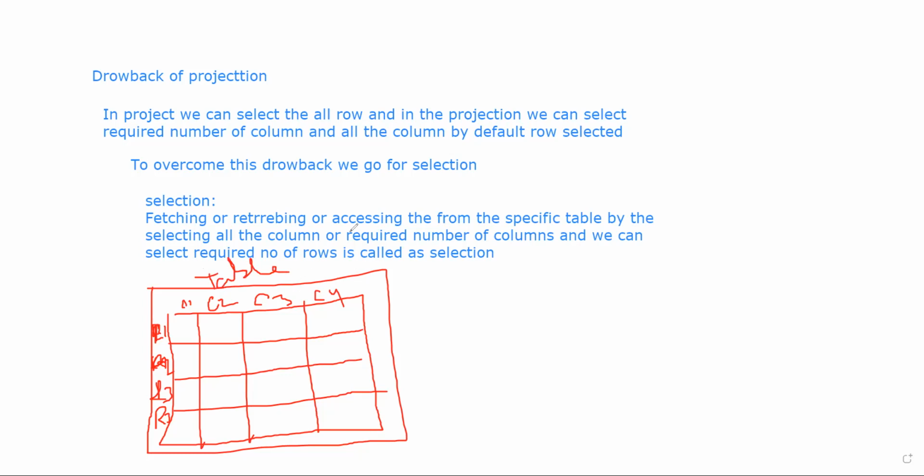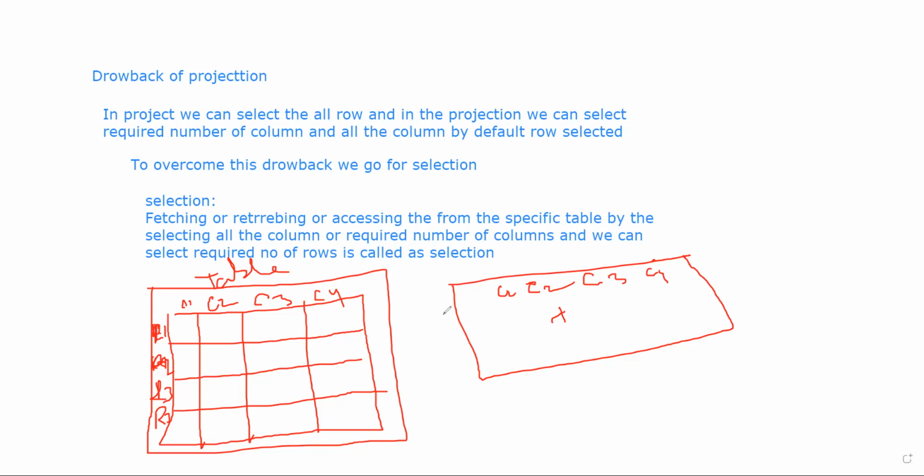In selection, what is the definition? Fetching or retrieving the data by selecting all the columns, C1, C2, C3 and C4, or the required number of columns, and the required number of rows.